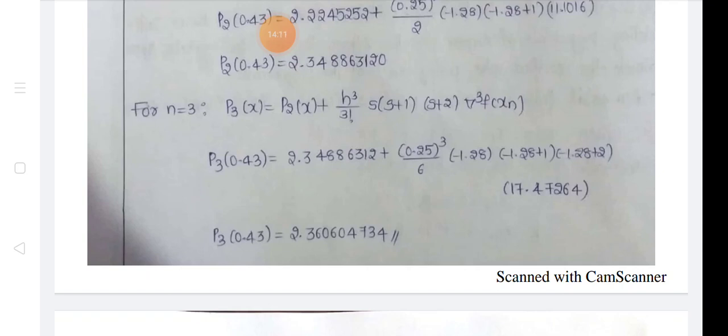After simplifying, we get the value p3 of 0.43 equals 2.360604734.